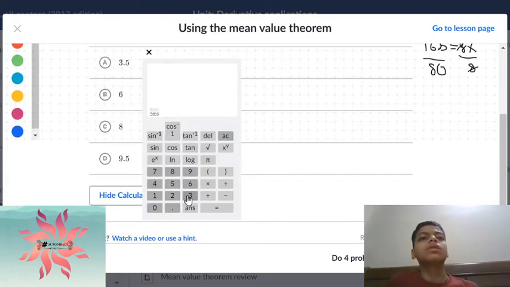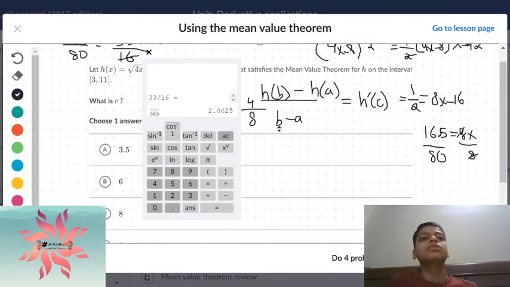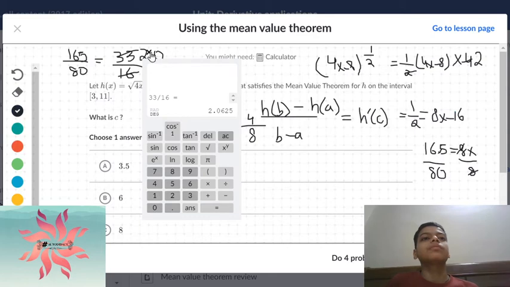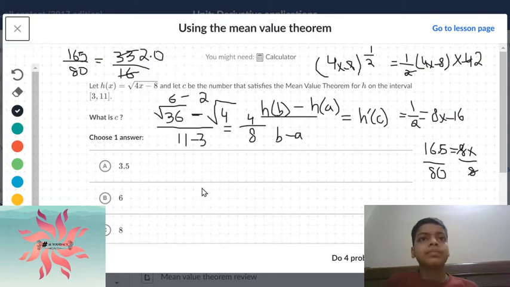What is 33 divided by 16? It is 2.065. Okay, where did we go? This is 4/8. Yes, it is. So this will be 1/2, and at a point these will be the same.